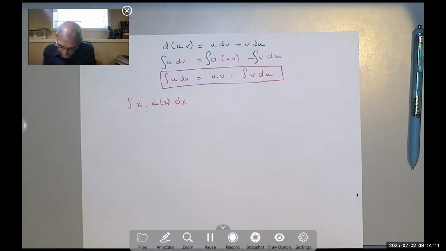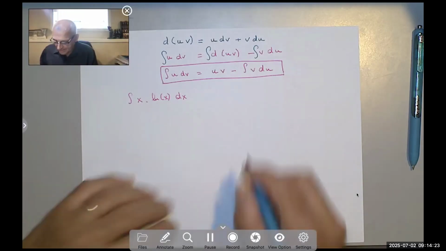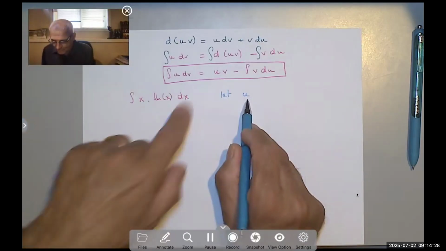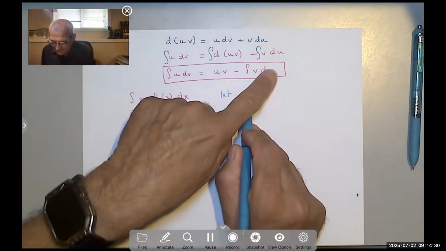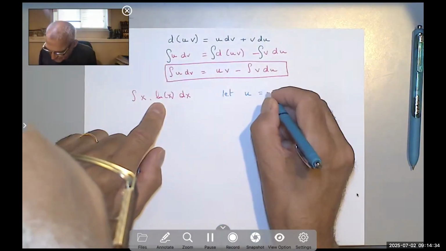Now, I'm going to say I don't know how to integrate natural log of x, but it's easily differentiable, right? And it's easy to integrate x dx. So I'm going to say let u, this is the one that would be differentiated, be natural log of x.